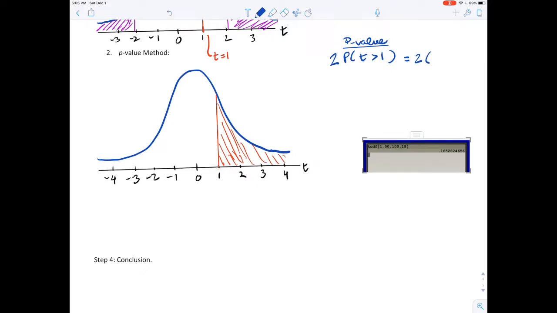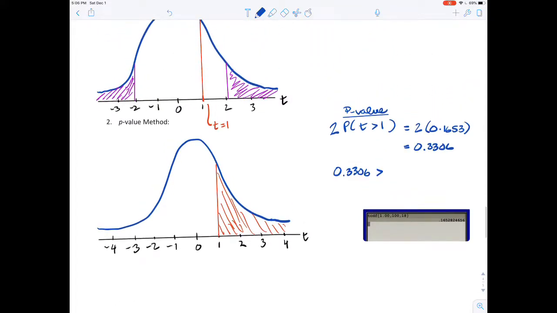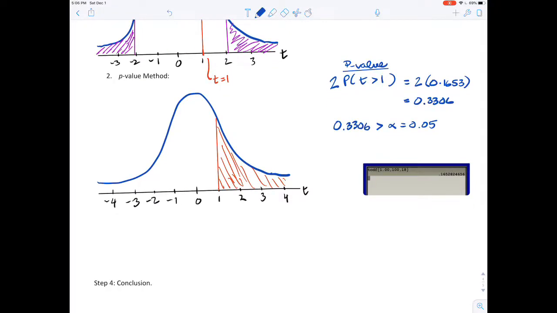And so we get 2 times 0.1653, so that'll be about 0.3306, I think, right? Which is definitely greater than alpha, which was 0.05. So again, we fail to reject the null.